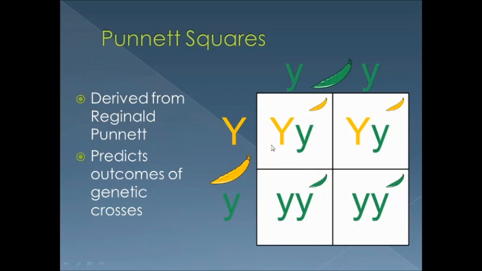So there is a 50-50 chance of an offspring of these two parent pea plants being yellow or green. There's a 50% chance of the pea plant being yellow and a 50% chance of the pea plant being green. And you could do this with anything.